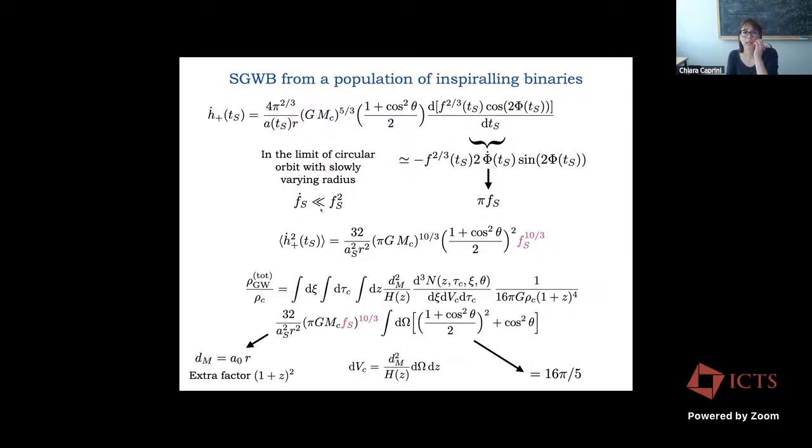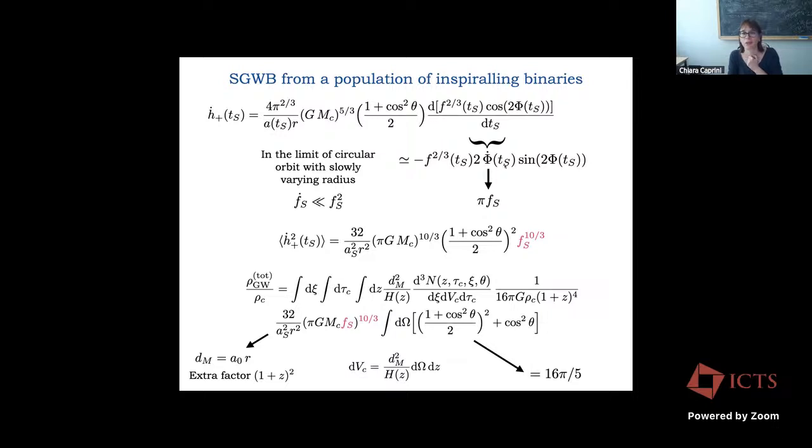Therefore I'm only left with the time derivative acting on the phase, because the one acting on the frequency is subdominant because of this condition, since the binary is far into the inspiral phase.